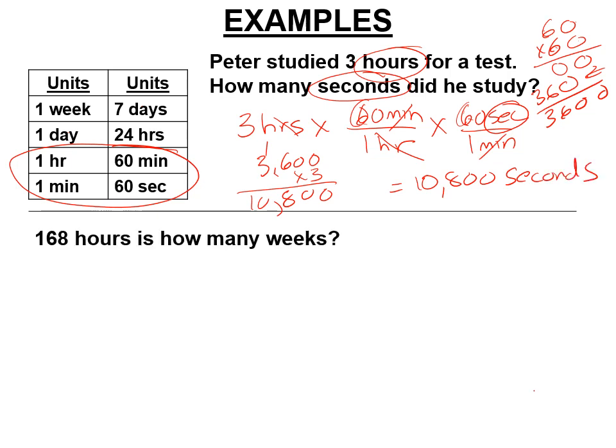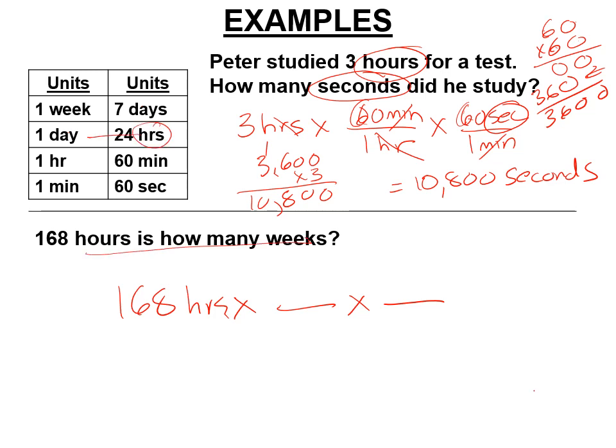All right, 168 hours is how many weeks? So we're going to start with 168 hours. And I've already told you it's at least 2 steps to do that because it's a multi-step lesson. So what will get us hours to weeks? All right, we can go hours to days, right? There are 24 hours in one day.